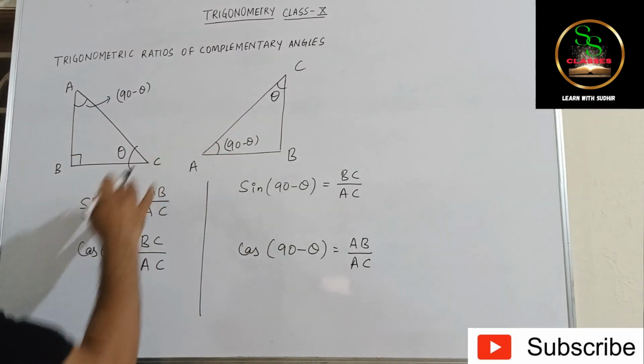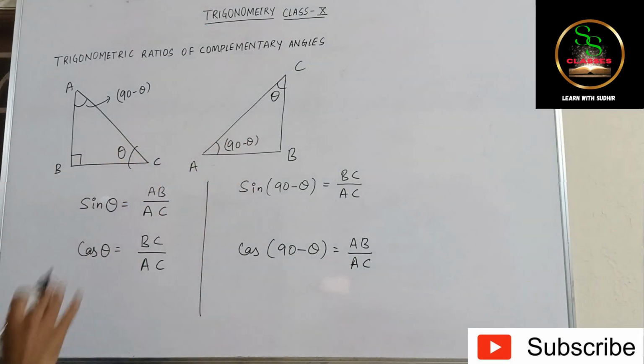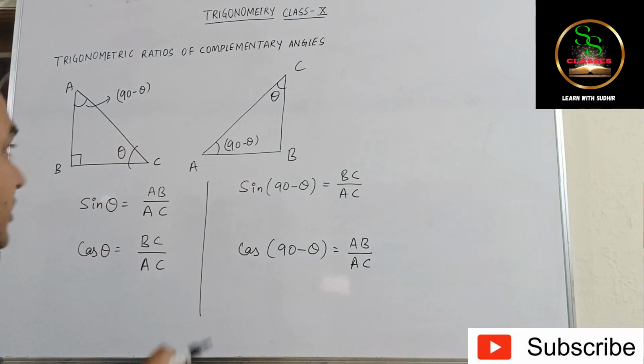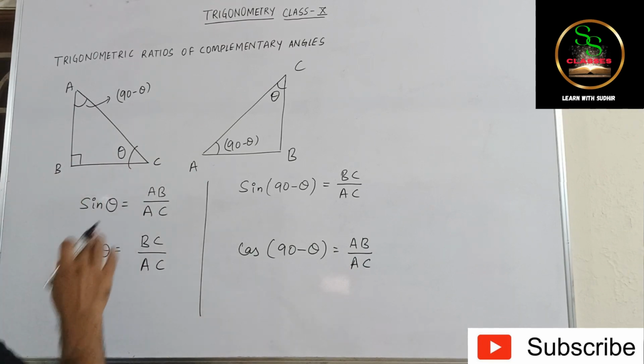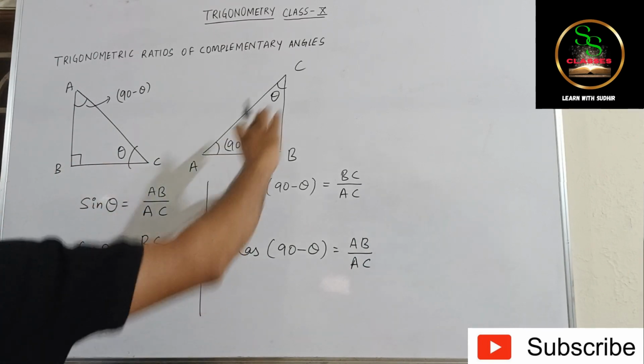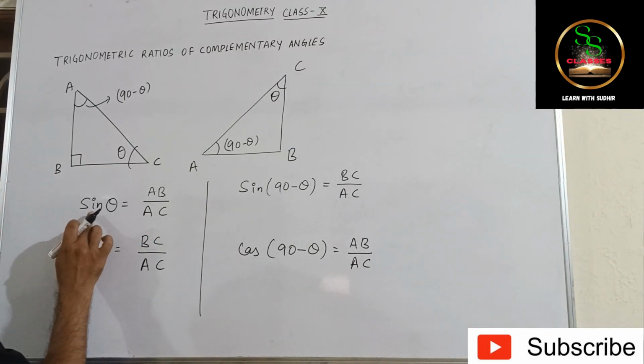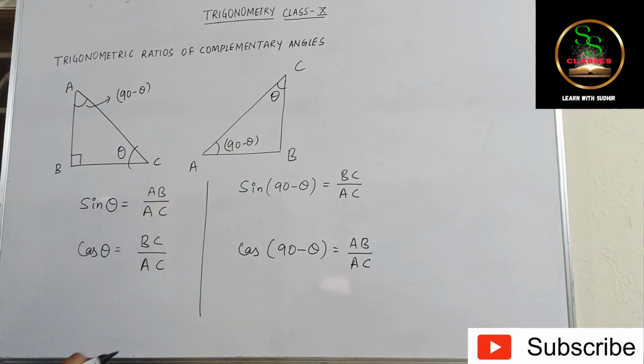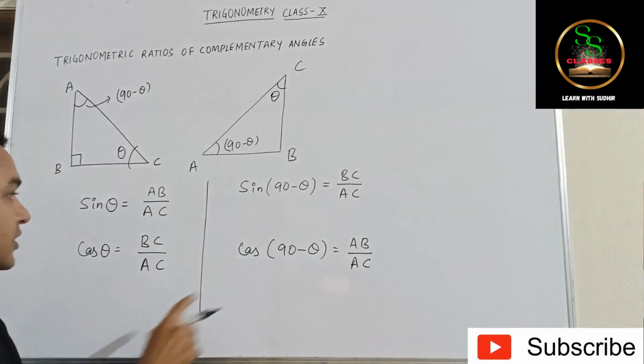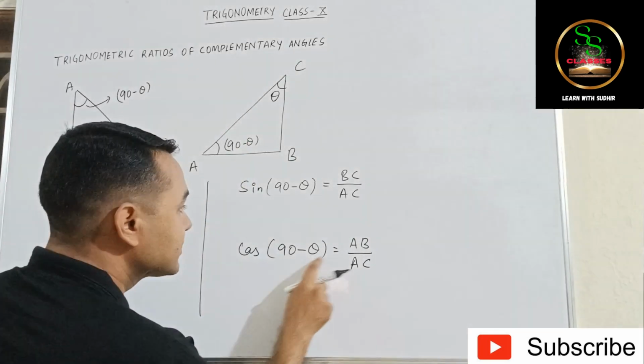If you see, both are the same triangle. What we did here is we just reversed the triangle. First time BC was the base, now BC has become the perpendicular, right? So now from here you can see sin theta is AB by AC.